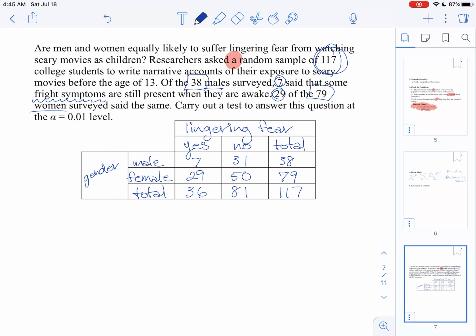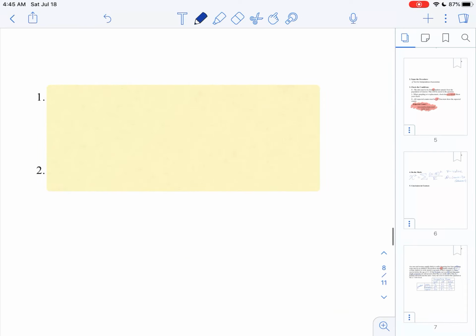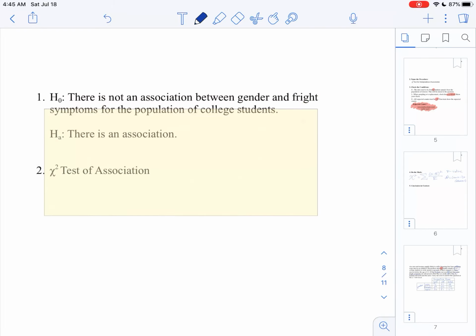The null is that there is no association between gender and lingering fear for the population of all college students. And then the alternative obviously would be there is an association.